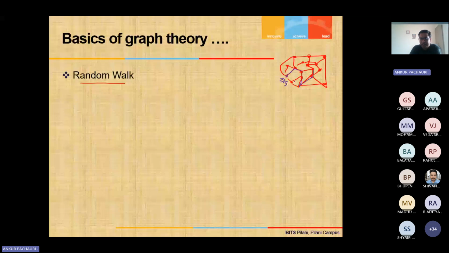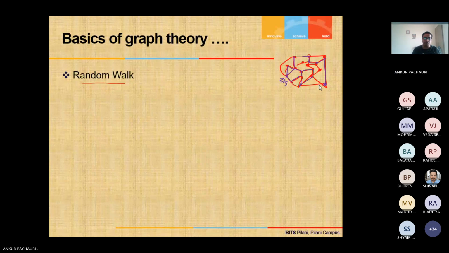It's not necessary that he should move ahead. He can come back to the original path or an already visited node as well, and then move to a new path. So the path can overlap, but which node to be visited or which edge to be traversed is purely decided at random. That type of path is called a random walk.